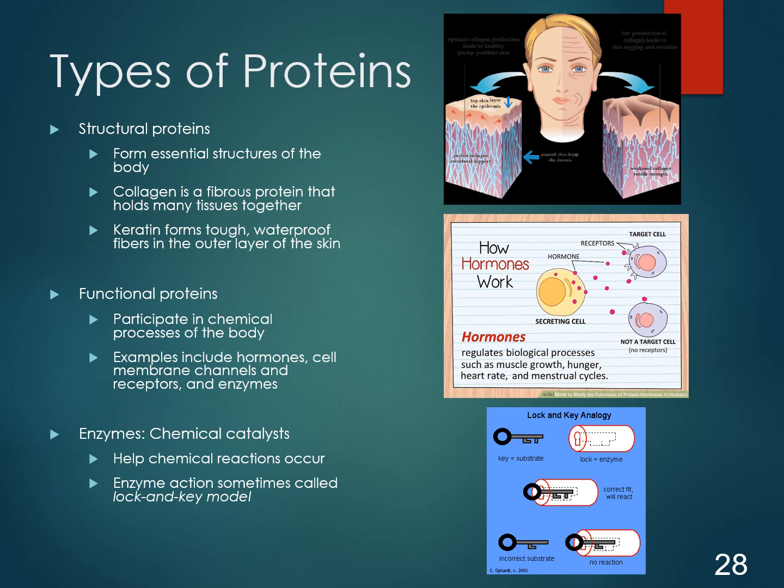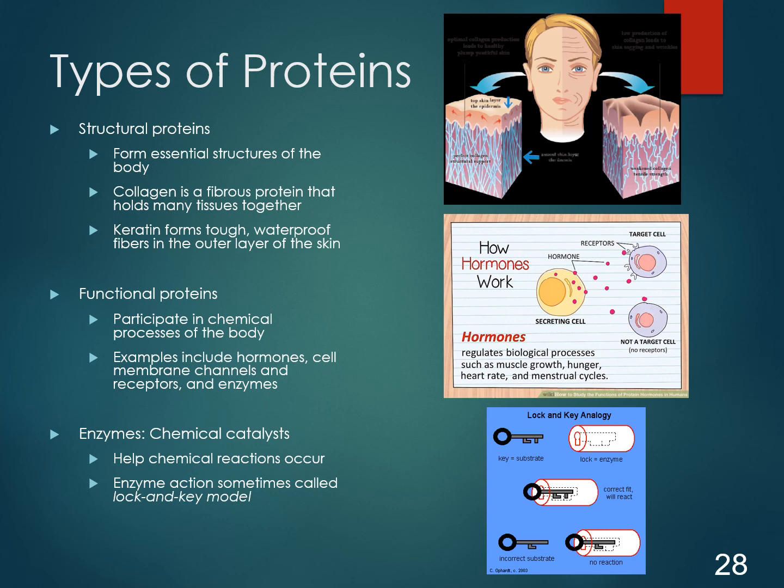And then lastly, enzymes. Enzymes cause something to happen, so we refer to them as a chemical catalyst. They participate in chemical reactions. They're not changed by the reaction, but they change a molecule or a substrate.